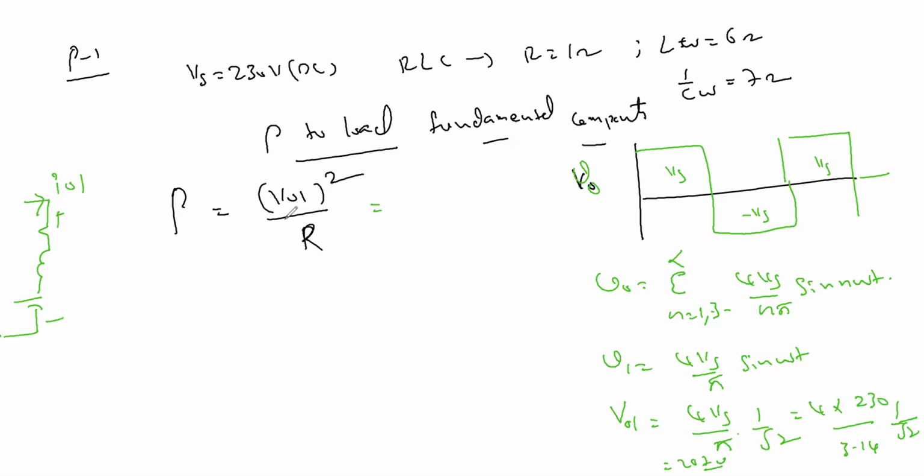So what should I do here now? Rather than using this total voltage, you can take the voltage, no issues there. But actually the power is delivered only to the resistance, so take the current: I square R. I write I01 square R, because these are series elements, so the current can be taken. But how much is I01?